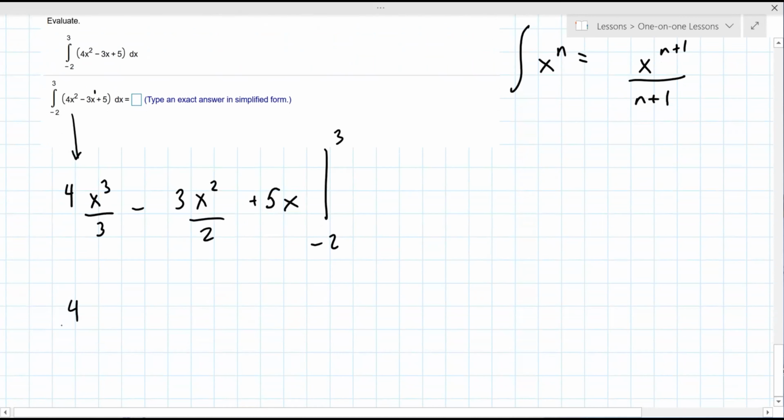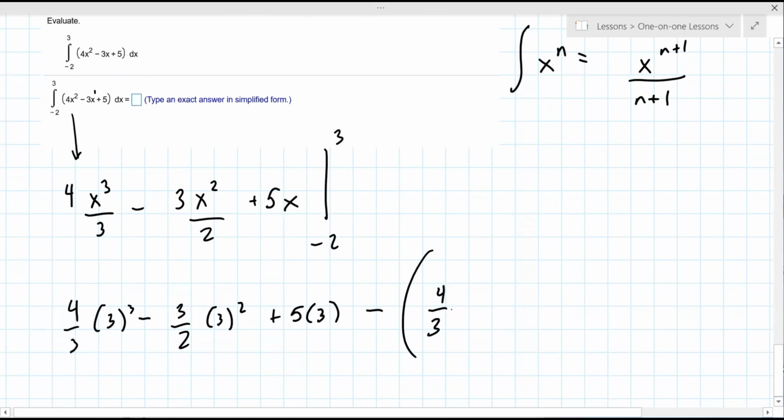So it's 4 thirds times 3 cubed minus 3 halves times 3 squared plus 5 times 3, minus, and then you do the same thing, but you put the lower bound in. So it's 4 thirds times minus 2 cubed minus 3 halves times minus 2 squared plus 5 times minus 2.